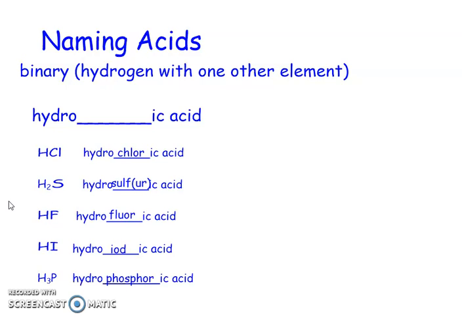Again, with the way we're naming acids, you don't do anything special stating how many hydrogens there are. That's based on what the charge of that other element would be. But it starts with hydro, root word, ic acid.